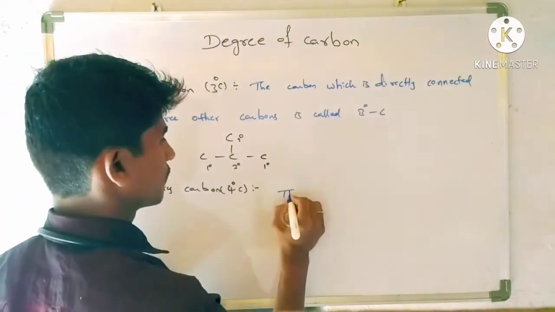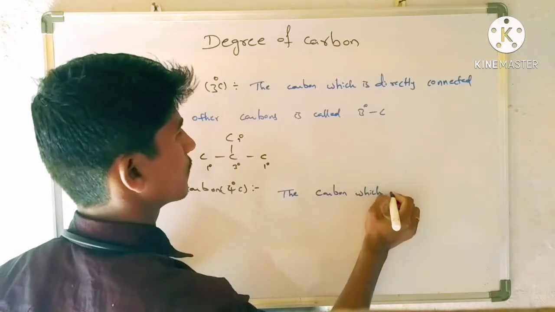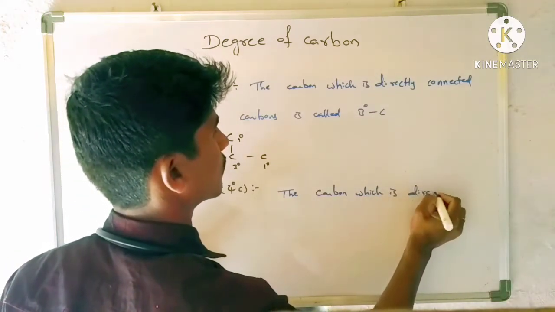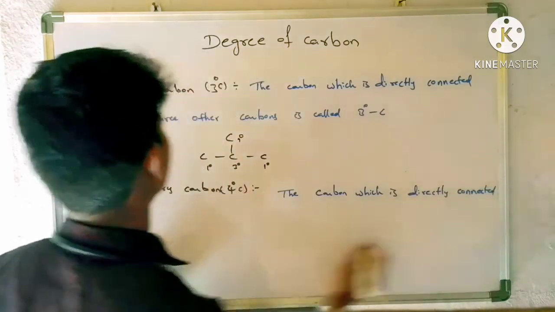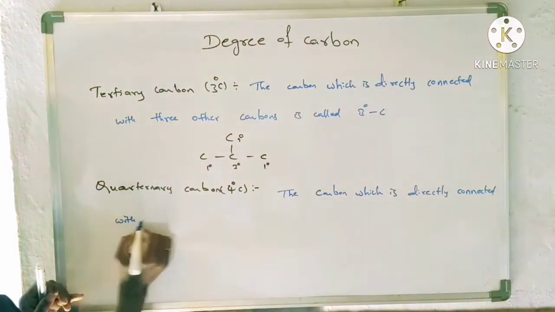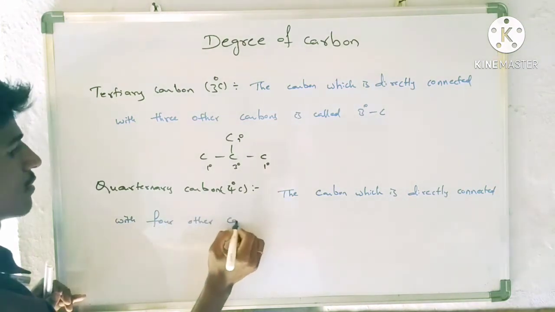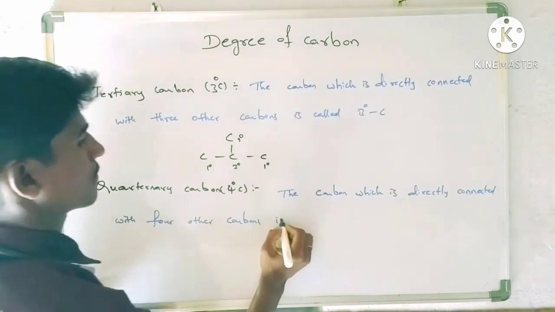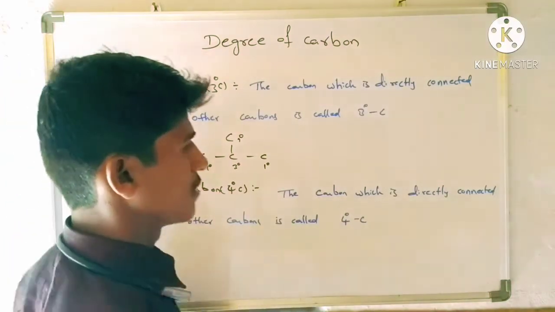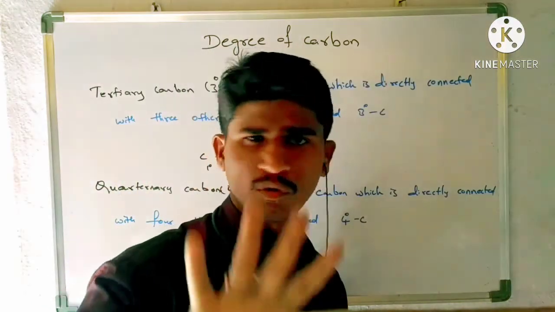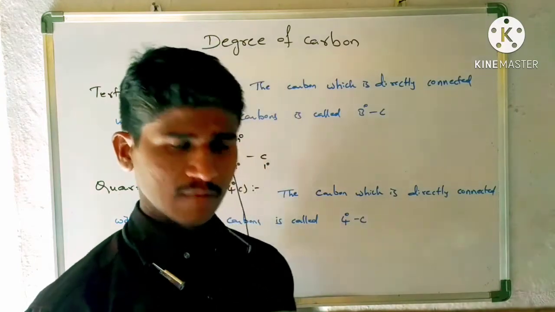The carbon which is directly connected with 4 other carbons is called quaternary carbon. We know very well that carbon forms only 4 bonds. So the carbon which is directly connected with 4 other carbons is known as quaternary carbon.